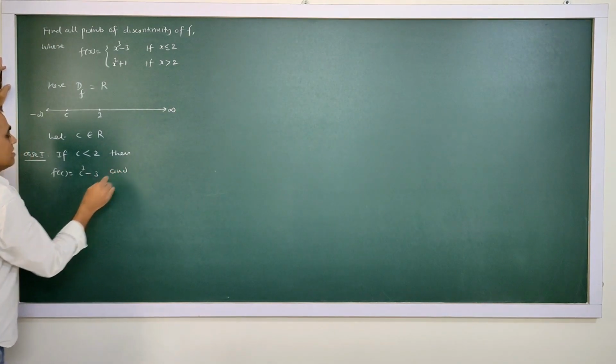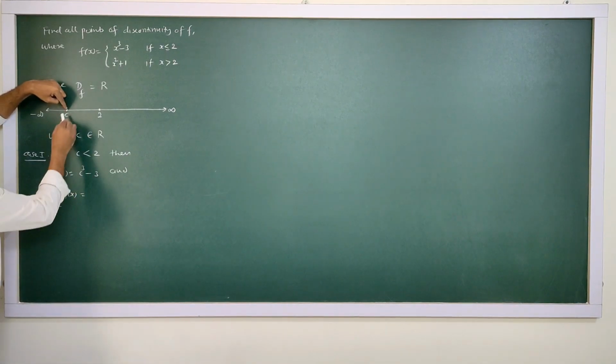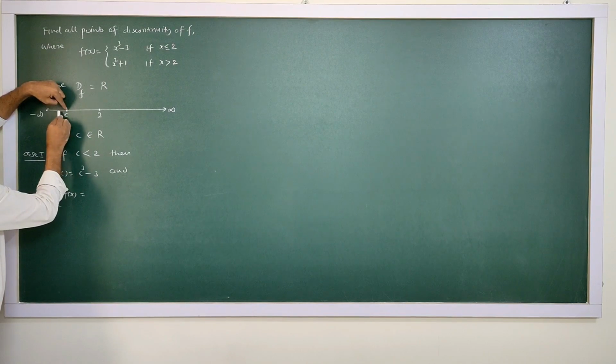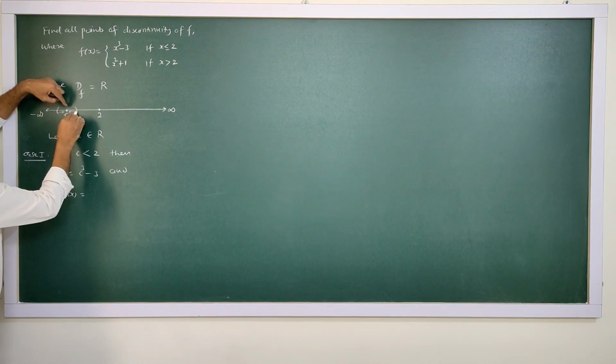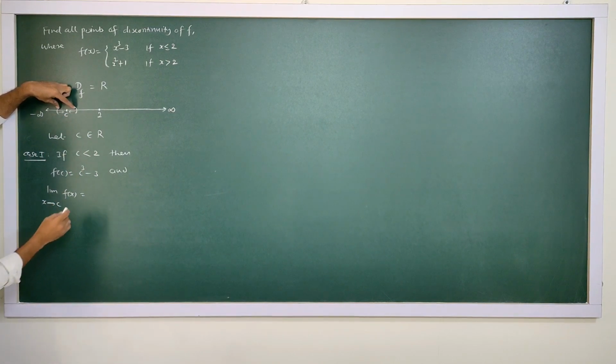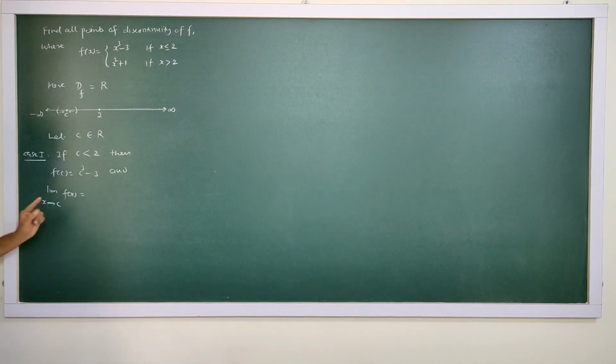And limit of f(x), x tends to c, whether x comes from this side or from this side, that means for all x belonging to this interval, x will be less than 2.